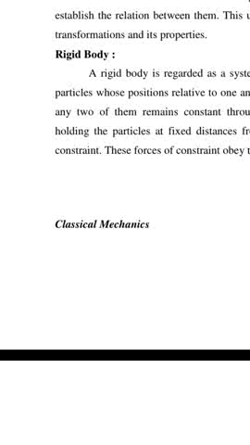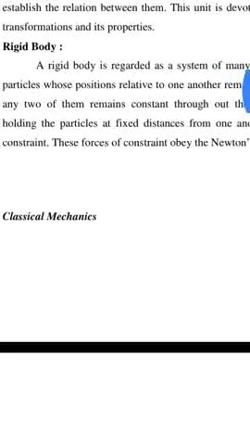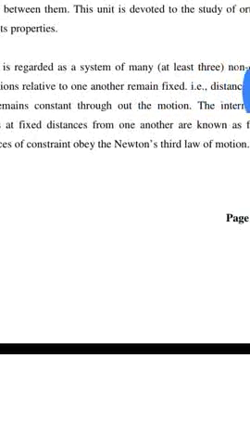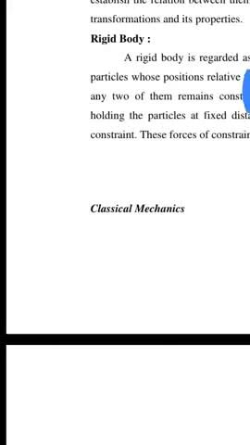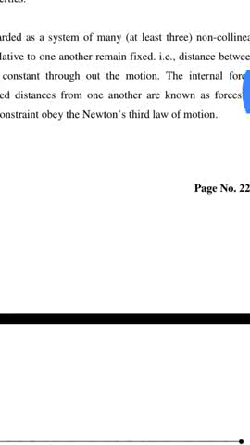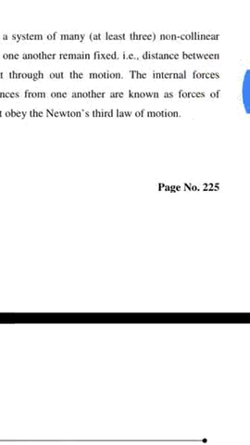First, rigid body. A rigid body is regarded as a system of many, at least three, non-collinear particles whose positions relative to one another remain fixed.